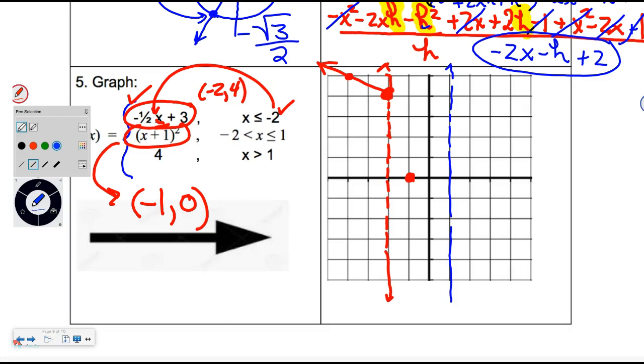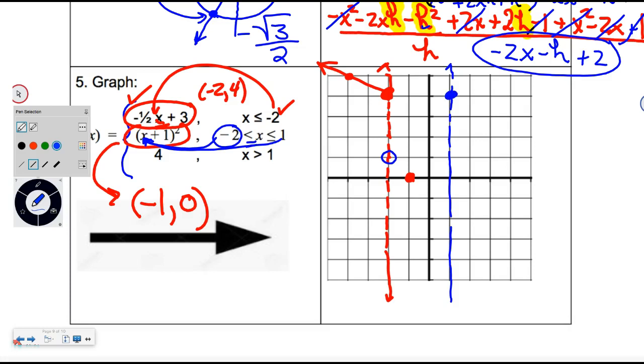Remember I said we also want to know what happens on the fence. Well, the parabola is between both fences, so I have to plug the -2 in, add 1 to it, and square it, which is going to give me -2, 1. That's going to be open there because of this. Then I'm going to plug in the 1, add 1 to it, and square it, giving me 1, 4. 1, 2, 3, 4.